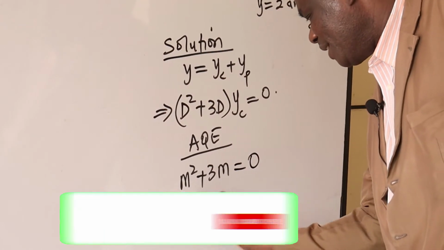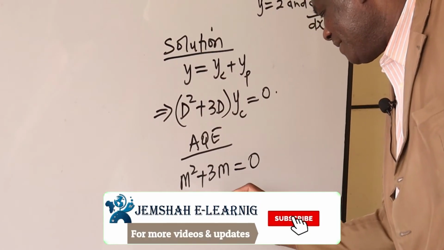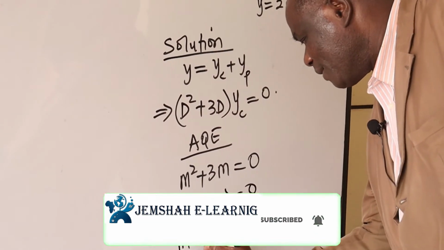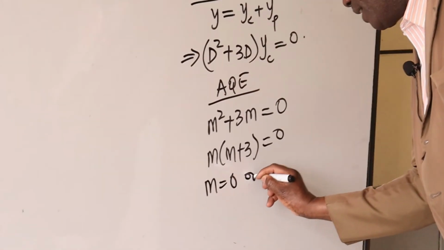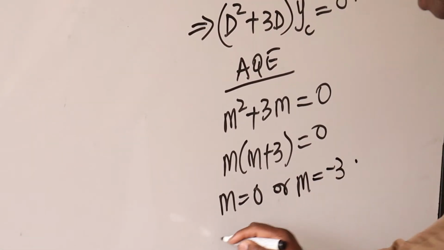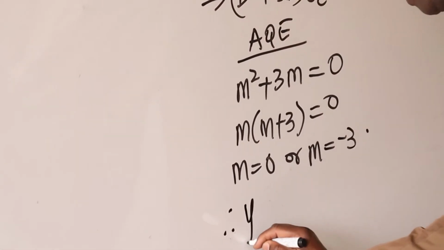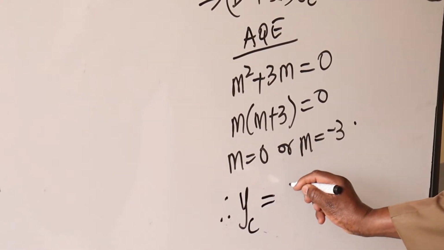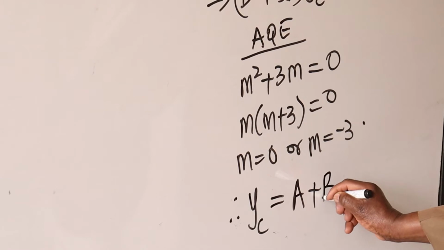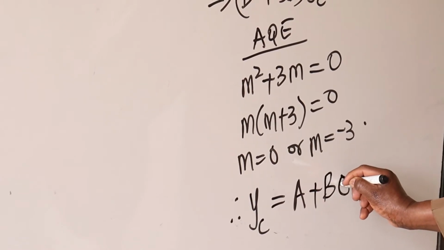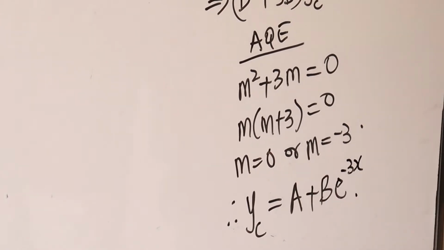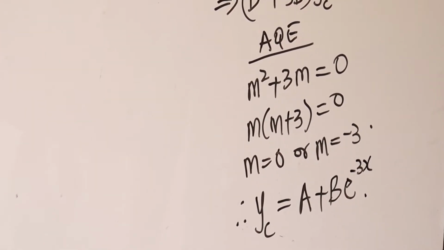So m into m plus 3 is equal to 0. So m is equal to 0 or m is equal to negative 3. Therefore, our yc will be equal to a plus b e power minus 3x.